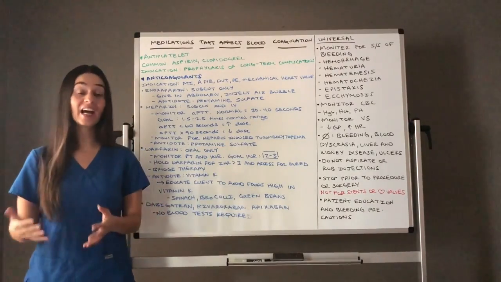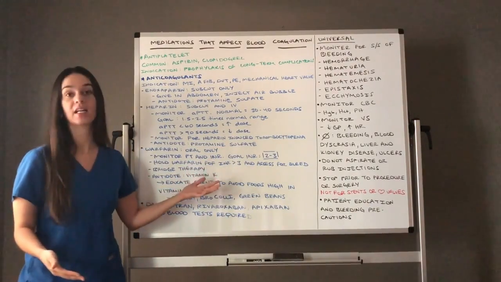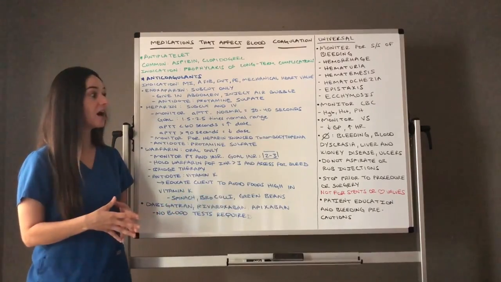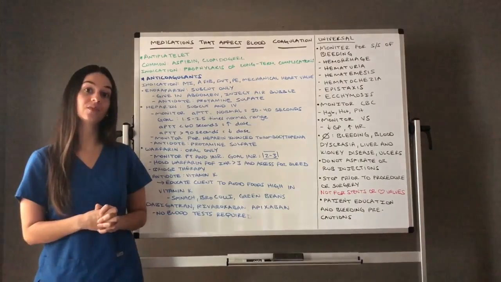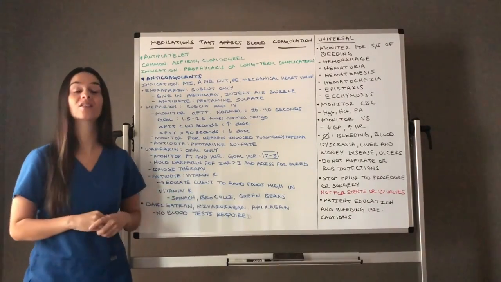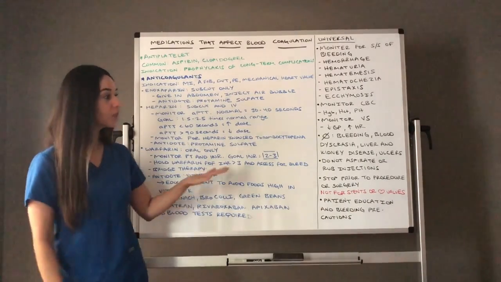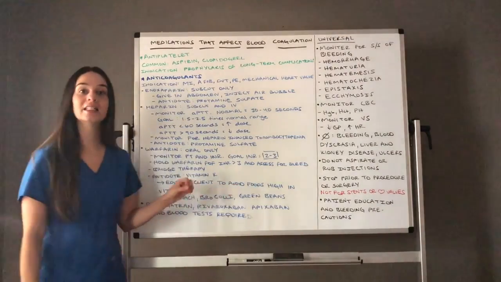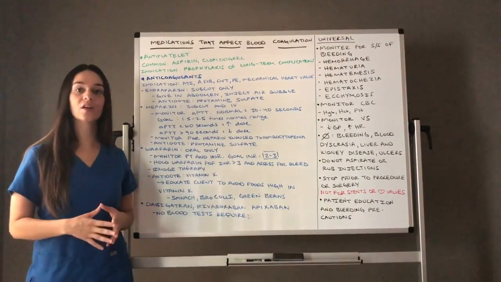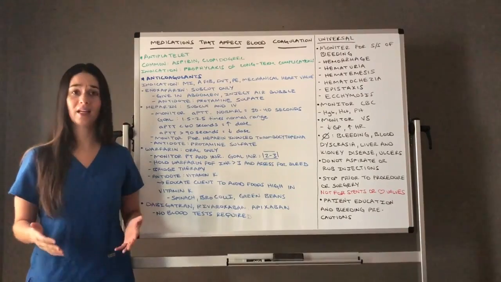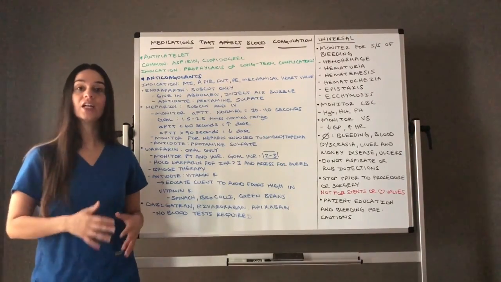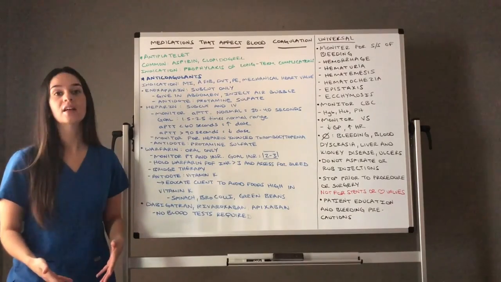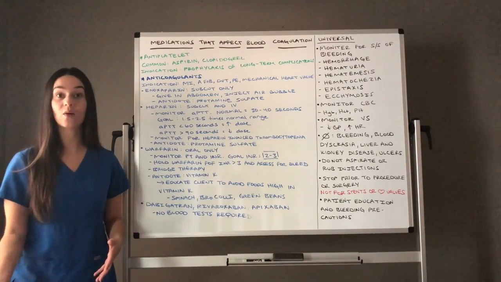What if they already have anemia and we're giving them medications? What if they already have a low platelet count, thrombocytopenia for any reason? These medications would exacerbate those problems. We need to look for liver and kidney disease. Liver and kidneys are essential organs in all medications because your liver metabolizes the medication and your kidneys help excrete the leftover waste out.